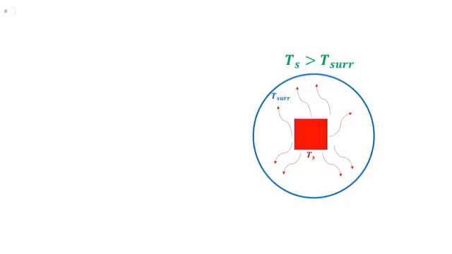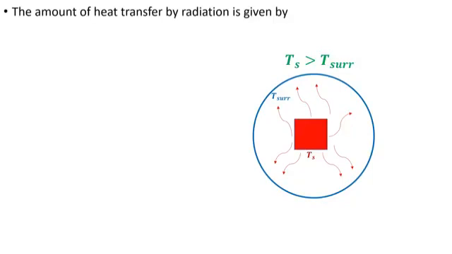The amount of radiative heat transfer is given by Q equals epsilon A sigma times T_s power 4 minus T_surrounding power 4. Here epsilon is the emissivity, A is the area perpendicular to the heat transfer, and sigma is the Stefan-Boltzmann constant, whose value is fixed, which is 5.67 times 10 power minus 8 watt per meter square Kelvin power 4.